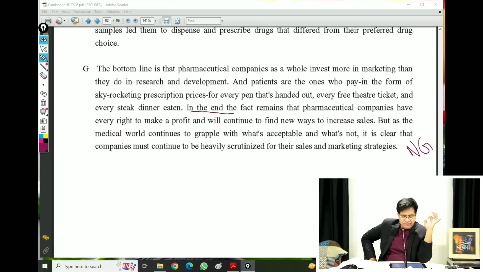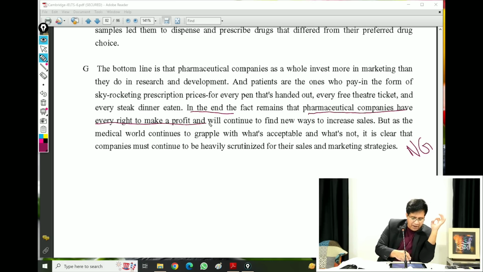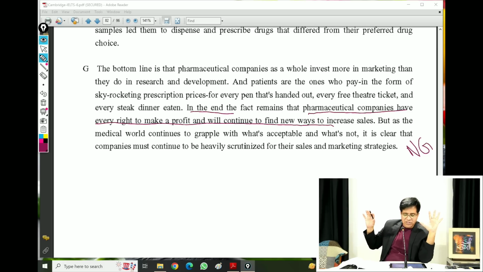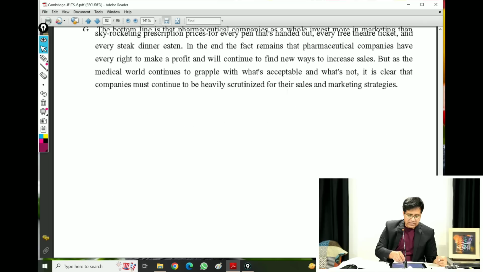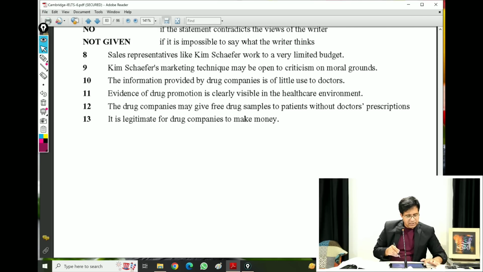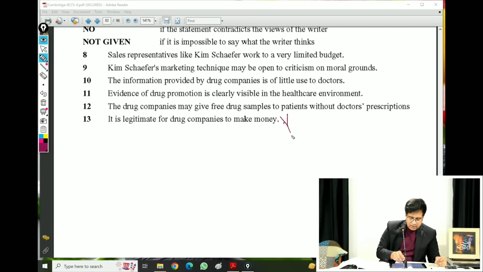In the end, the fact remains that pharmaceutical companies have every right to make a profit and will continue to find new ways. So, pharmaceutical companies have every right to make the profits. Means it is legitimate to make money. So, answer is yes. Well done. Question number 13. Answer is yes.